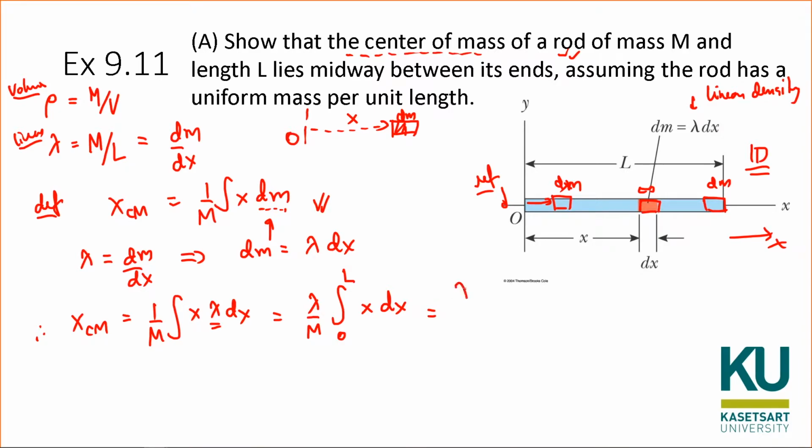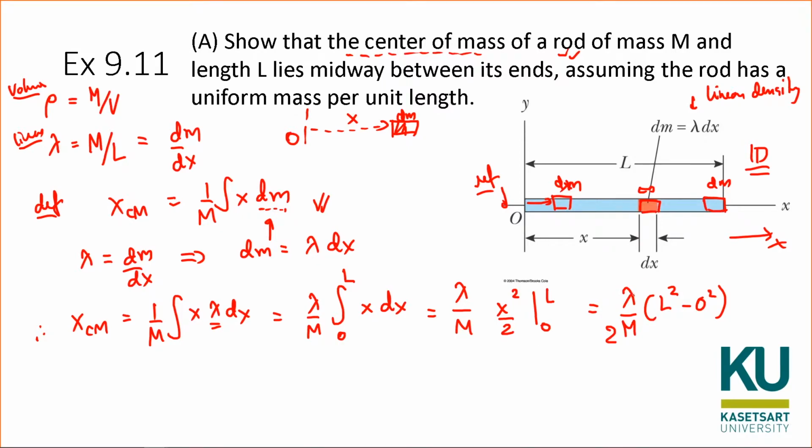Now you have lambda over m, and integrating x dx gives x squared over 2, with the limits from 0 to L. So you have lambda over m, with the 2 outside, times L squared minus 0 squared.